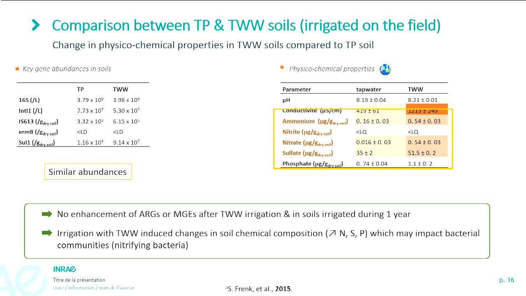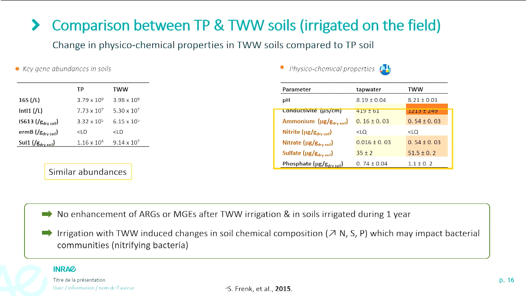And about the gene abundance, we found similar abundance between these two soils. But about the physicochemical properties, we found in treated wastewater soils higher concentration of ammonium, nitrate, and sulfate compared to the tap water soil.